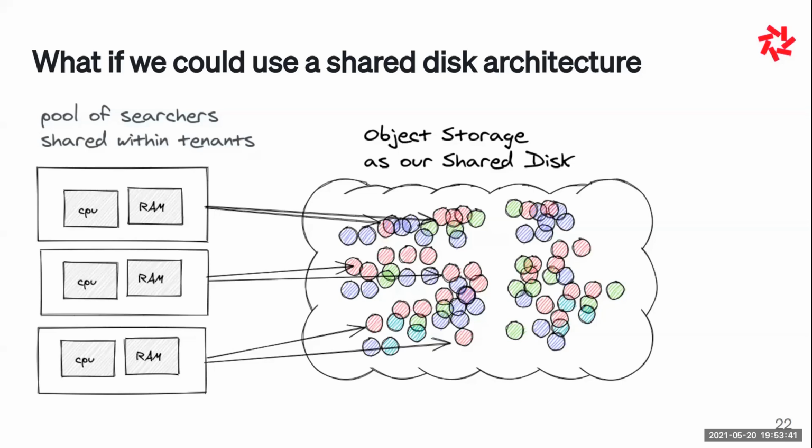Today, typically you could use an object storage like Amazon S3. And the idea would be to have a pool of searchers. These searchers would be entirely stateless, so they wouldn't have any data structure in RAM, and they would be shared among the tenants.